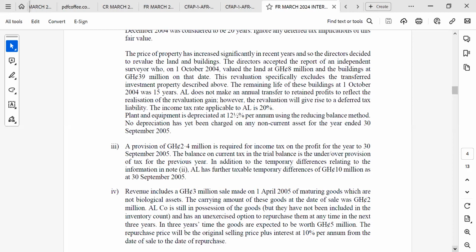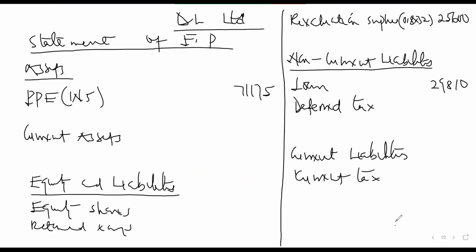So send it to your statement of financial position as a liability, current tax liability. So that will be 2,400 here. As soon as you get that figure, send it to your statement of financial position. That is the amount that the company is saying that they are going to be paying currently to the tax authority for this year.